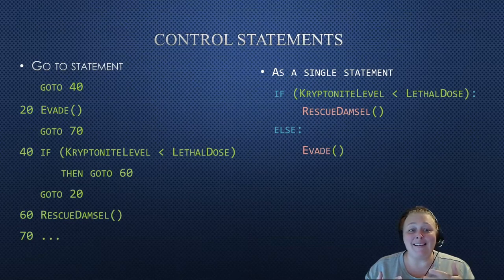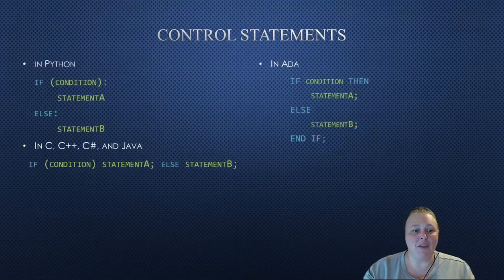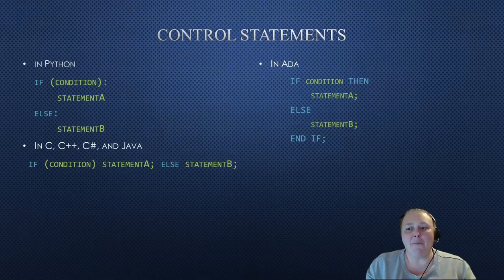So this is a single statement using an if else. Again, both of these are going to do the exact same thing. It's just the syntax in which it uses. Let's go ahead and expand it just a little bit further. We've seen the if else in Python, that's the first one on the left.